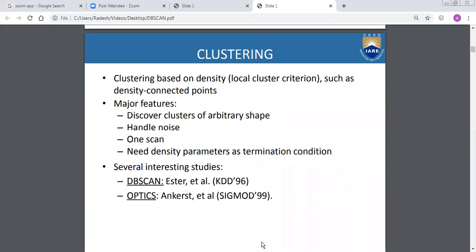And the next one is one scan. What do we mean by one scan? Each and every object present in that particular area, in the density of that location, is going to be scanned at least once to determine which particular cluster it falls under.